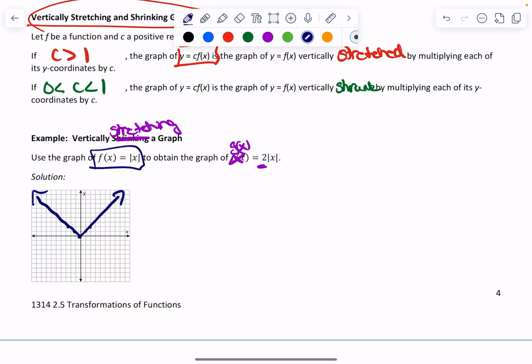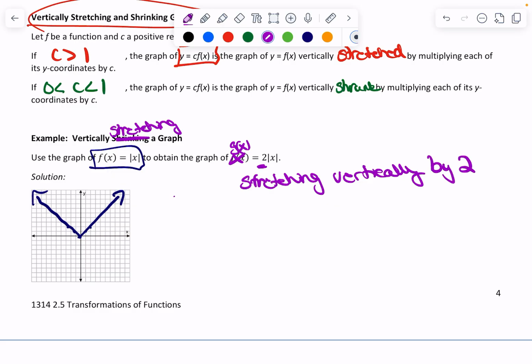Now for the g of x, we already figured out that we are stretching vertically by 2. So y equals 2 times absolute value of x.